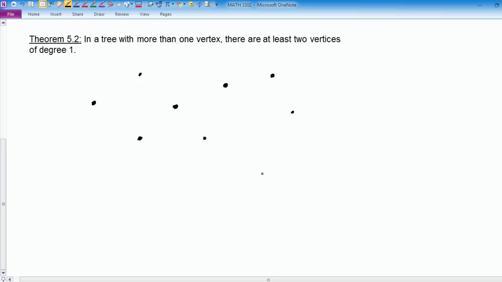So that means we are able to list all of them. It's a finite number, not an infinite number of paths. If we are able to list all of them, then one of those paths has the longest length.